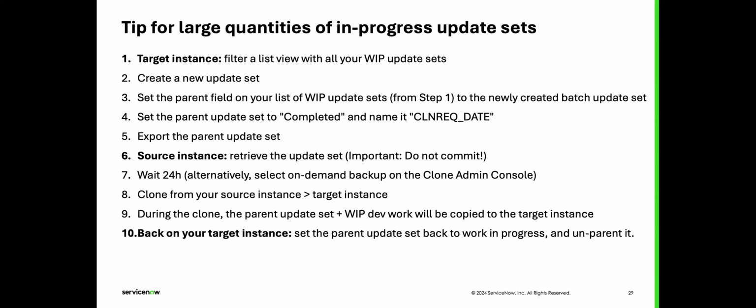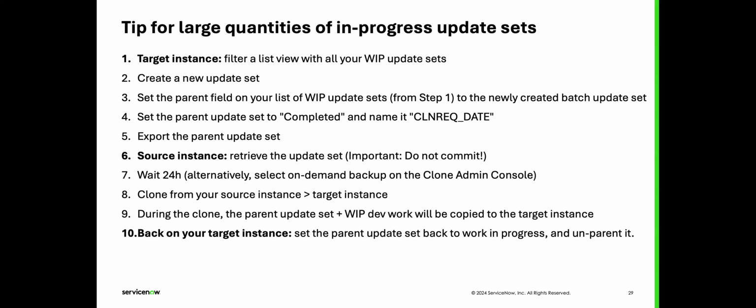It's a fairly common shortcut that most folks know: press your shift key, drag your mouse down, and mass update your entire list. You can set the parent of all of these in progress update sets to that new update set.